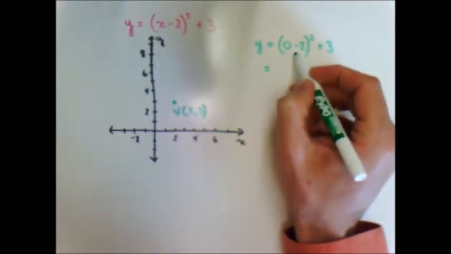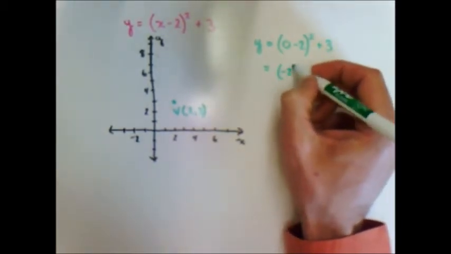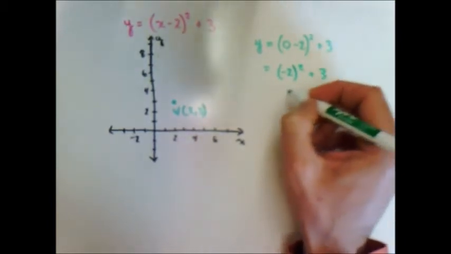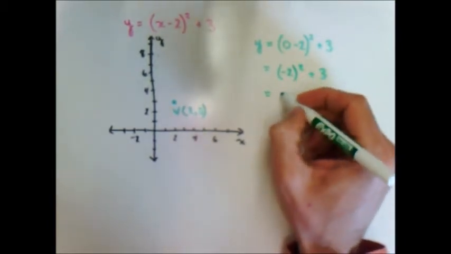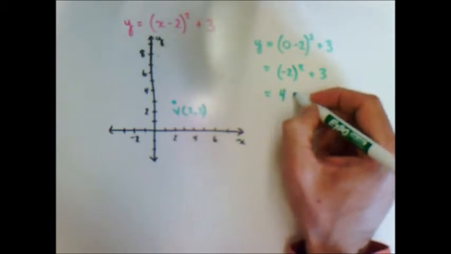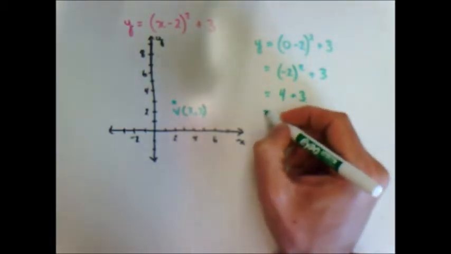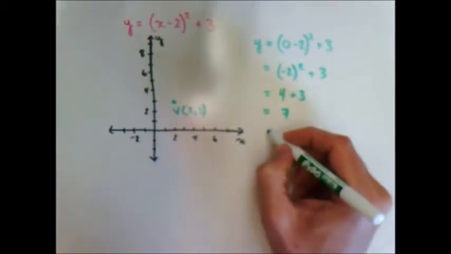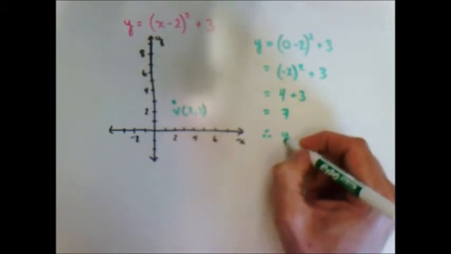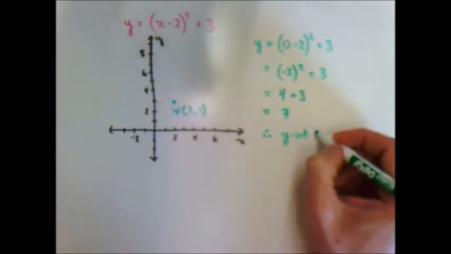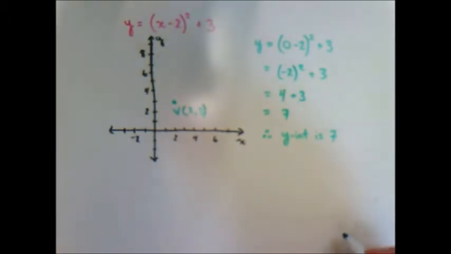Inside the bracket I now have negative 2, squared, plus 3. Negative 2 times negative 2 is 4, plus 3 is 7. So therefore, the y-intercept is 7.